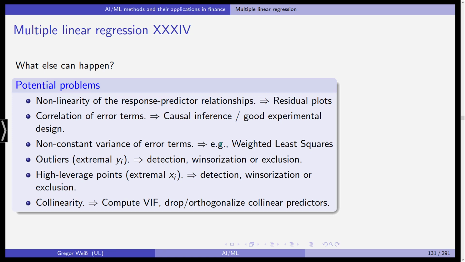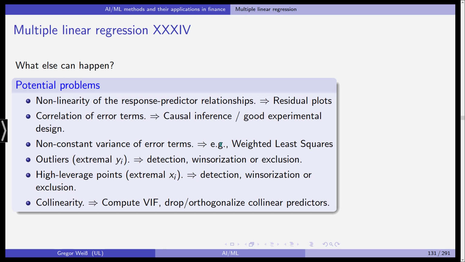The second problem is a likely correlation of error terms. Now, the assumption in the OLS model is that the error terms are uncorrelated. If they are correlated, we have a problem. Our model assumptions are no longer true, and we can only use good causal inference and good experimental design, if we have experimental data, to counter this, because usually a correlation of error terms stems from the fact that we have omitted variable bias, we've missed out one important predictor, or we have reverse causality.